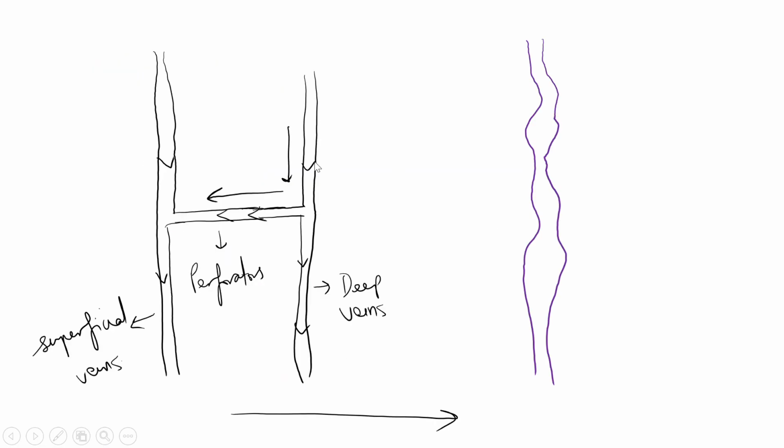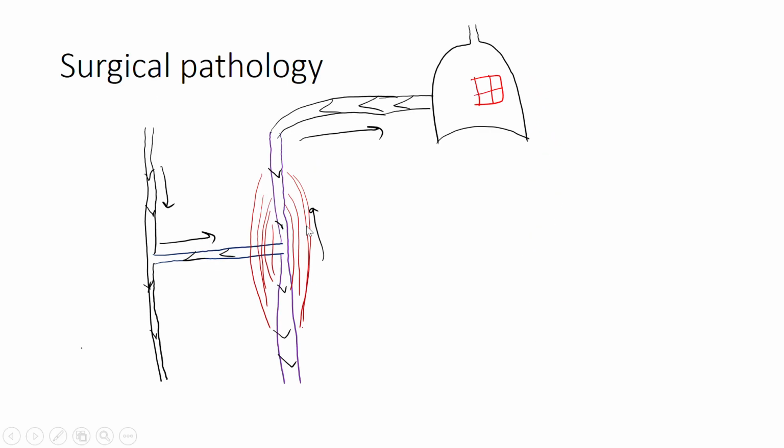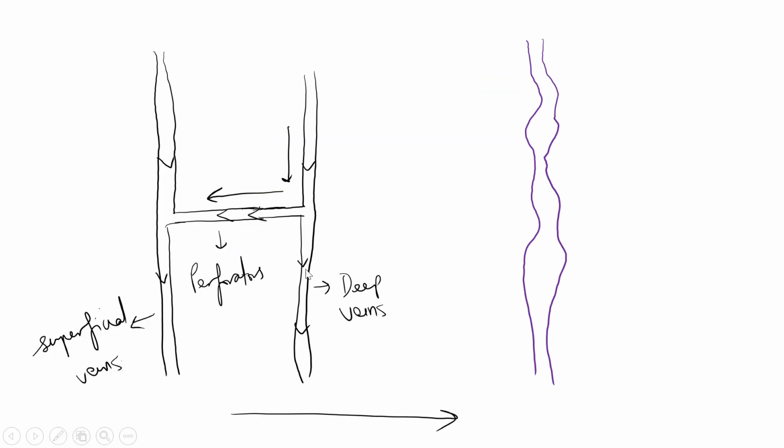Now if there's a problem in the valves, either in the deep veins, the perforators or the superficial veins, there can be a backflow. We saw that when the muscle contracts, the blood moves upwards with great force.